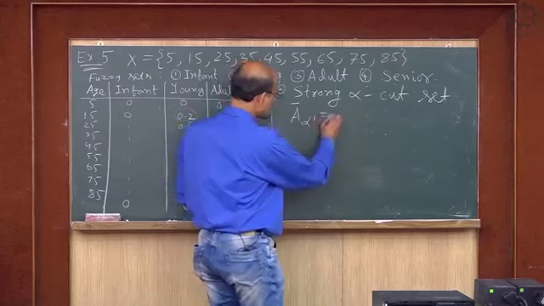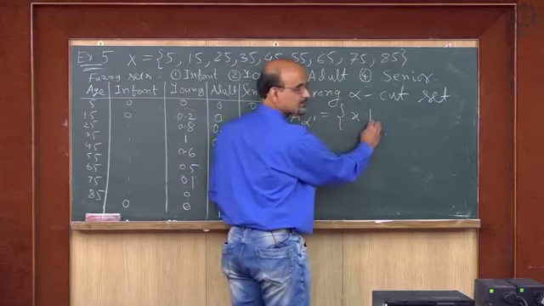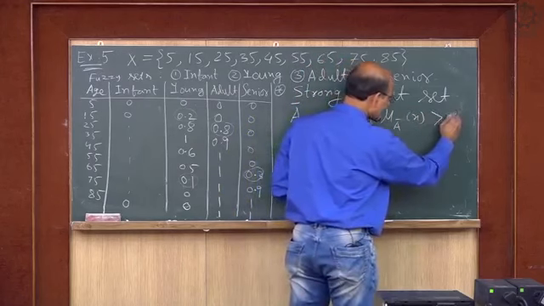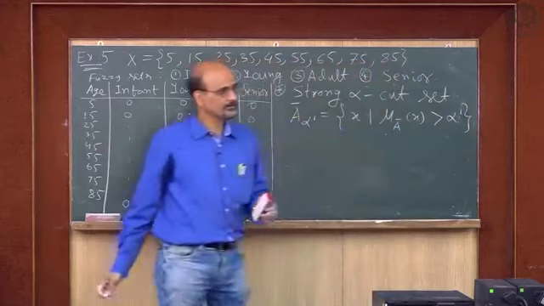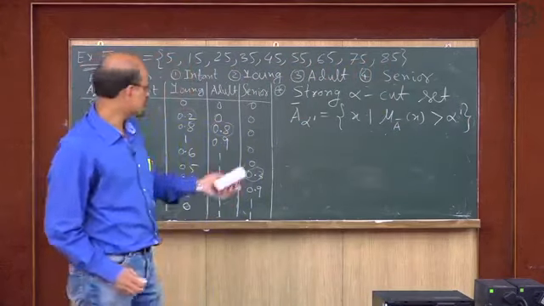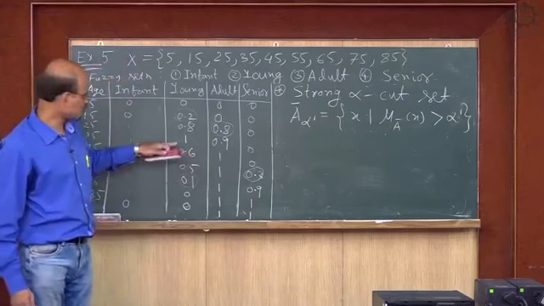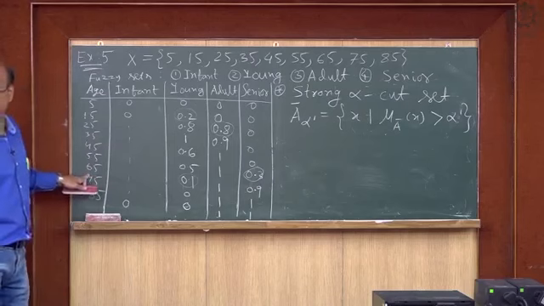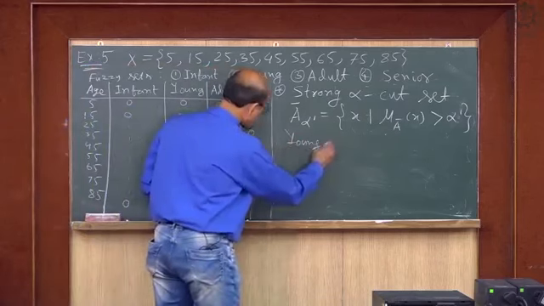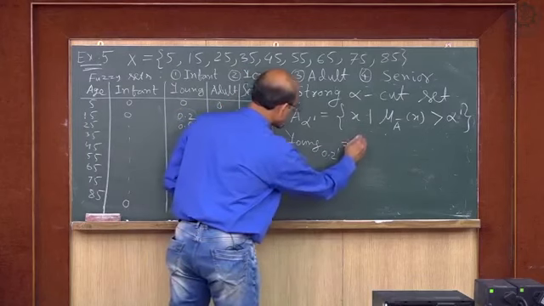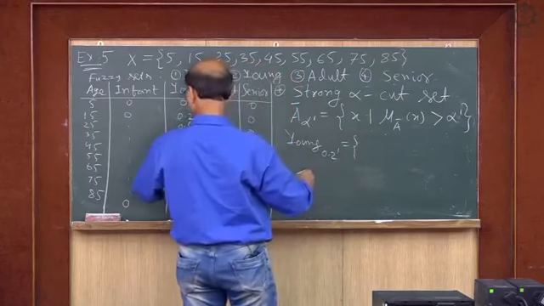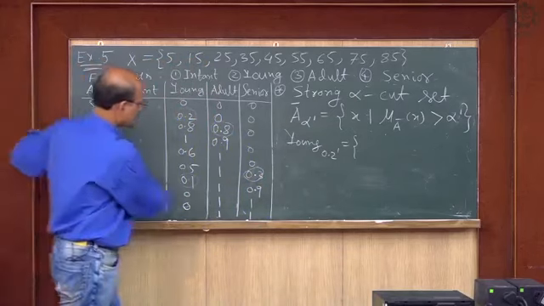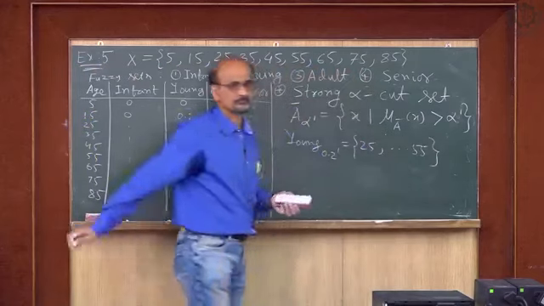This will be defined as x such that mu A bar x is greater than alpha dash. Understood? Similarly, you can find if it is greater than 0.2, you will have from 25 to 65. So young 0.2 dash is equal to 25 to 55, yes, 25 to 55.